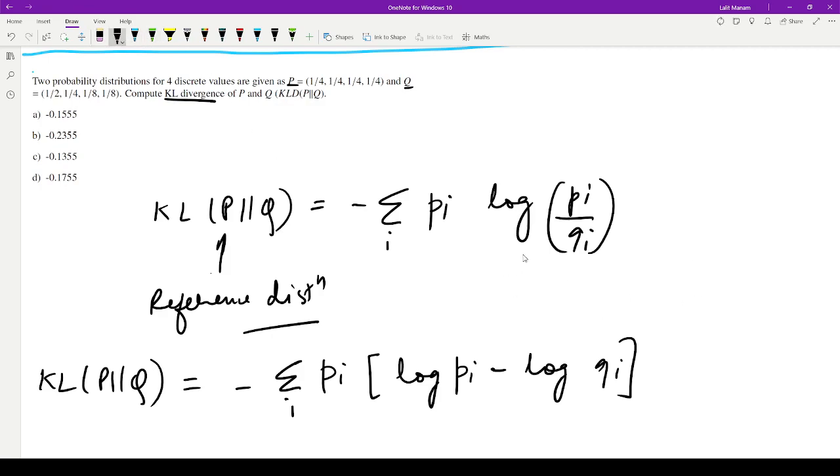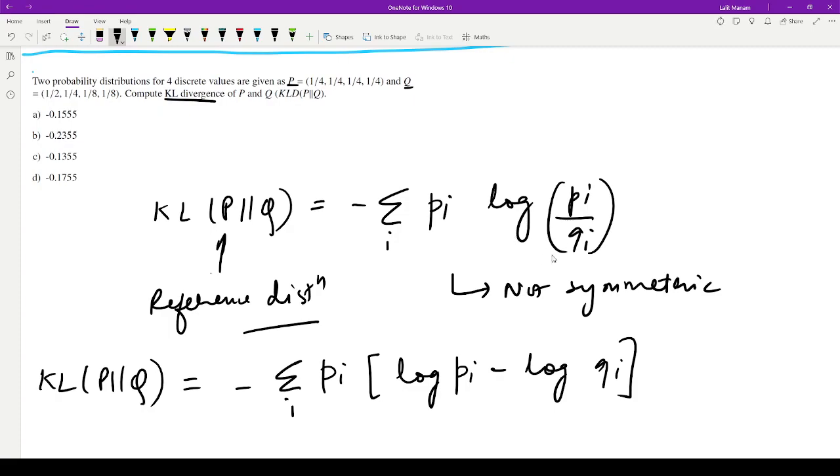Just seeing the equation, if you swap P and Q, do you think it is symmetric? It's not symmetric, right? Do you get the same equation? No. So it is not symmetric.